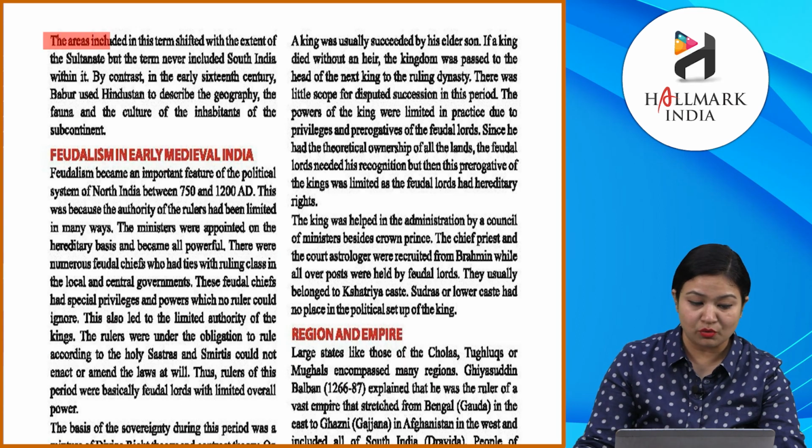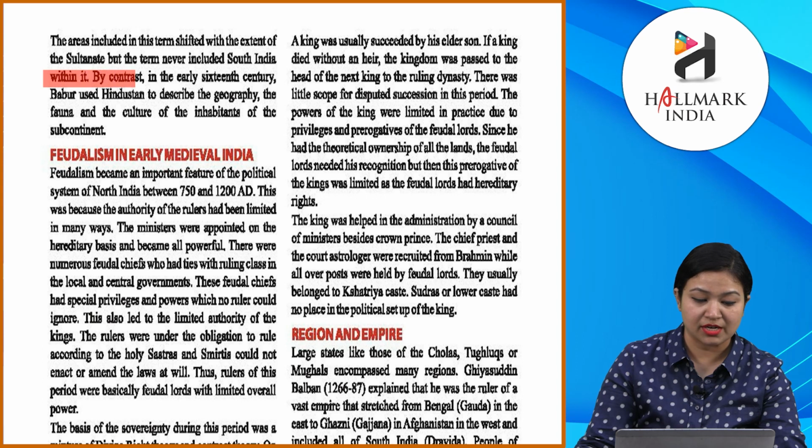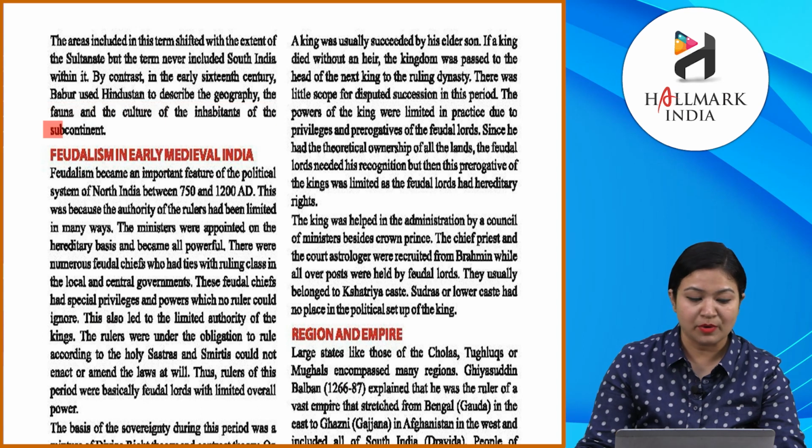The area included in this term shifted with the extent of the Sultanate, but the term never included South India within it. By contrast, in the early 16th century, Babur used Hindustan to describe the geography, the fauna, and the culture of the inhabitants of the subcontinent.